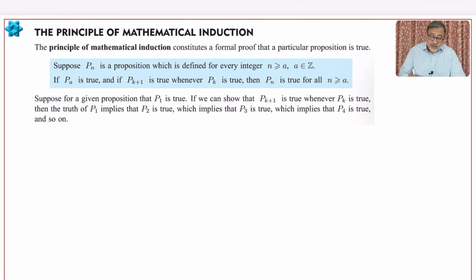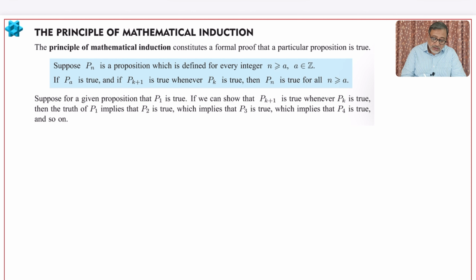The principle of mathematical induction constitutes a formal proof that a particular proposition is true. Suppose p of n is a proposition which is defined for every integer n greater than or equal to a, where a belongs to z. Most of the time we are going to use it only for integers.